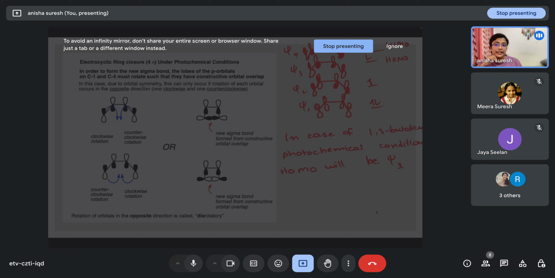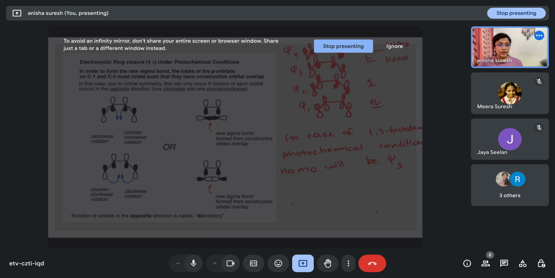So here psi 3 will be the HOMO, and for constructive orbital overlap to take place, both lobes should move in opposite direction. Like if one of the lobes is moving in clockwise direction, the other lobe should move in the counterclockwise direction so as to give a constructive orbital overlap leading to the formation of a new sigma bond. Okay, so as we can see, both the arrows are moving in the opposite direction. Such type of rotation of orbital is known as disrotation.